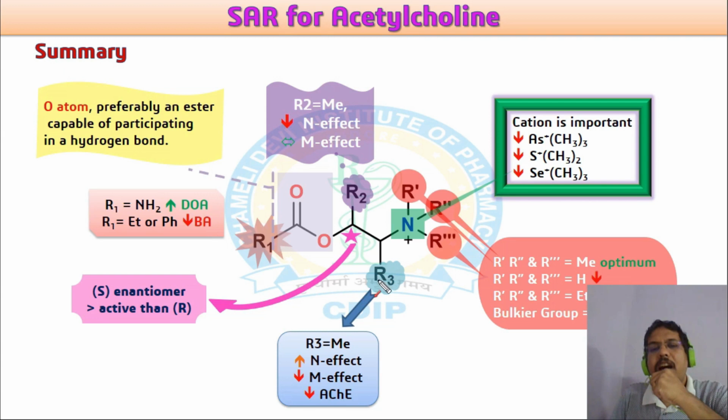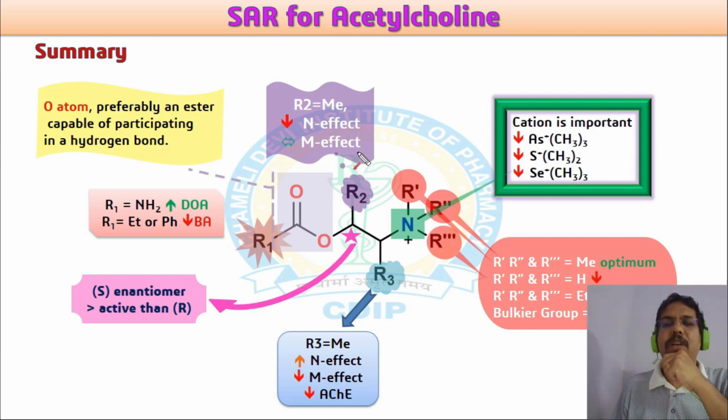And if you look at R3, that is substitutions on the alpha carbon, then methyl substitution increases nicotinic effect, decreases muscarinic effect, and decreases acetylcholinesterase effect.